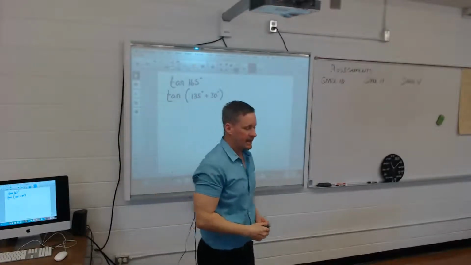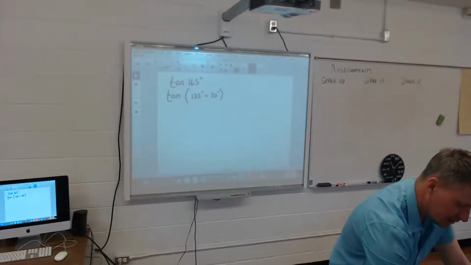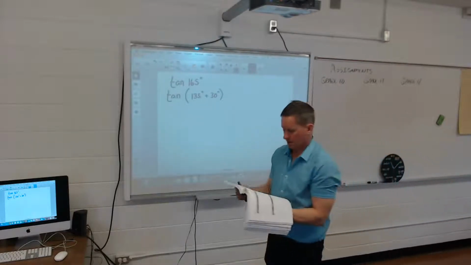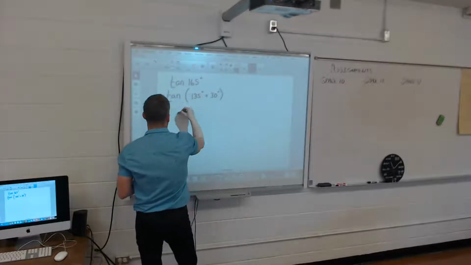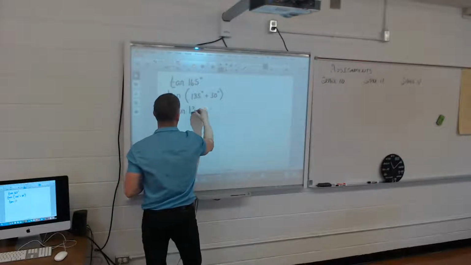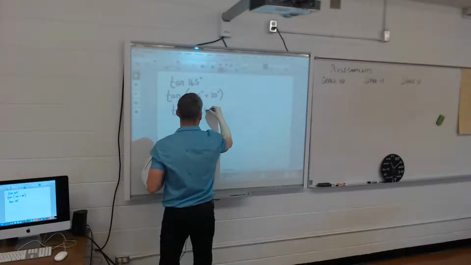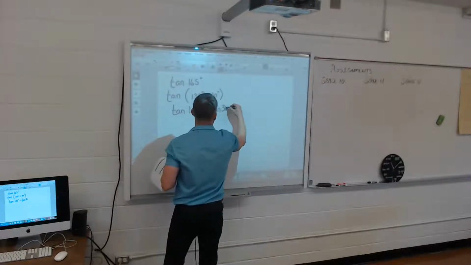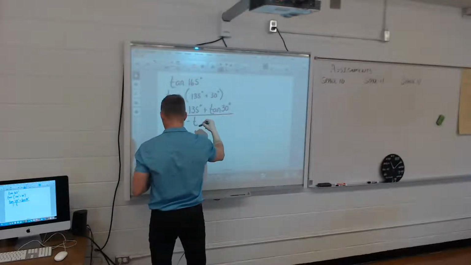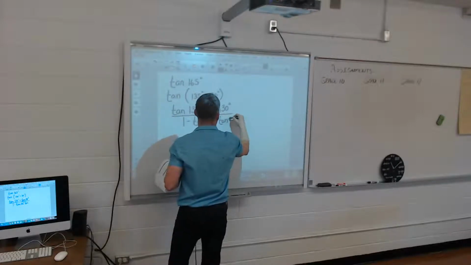So now I look at my identity sheet to see what tan alpha plus beta is. And that works out to tan alpha, so the tan of 135 degrees, plus the tan of 30 degrees, over 1 minus tan 135, tan 30.